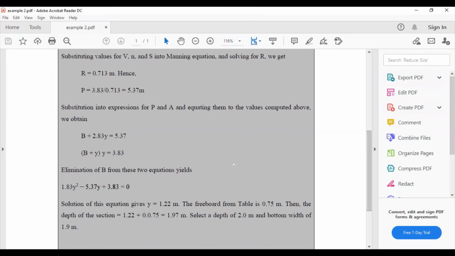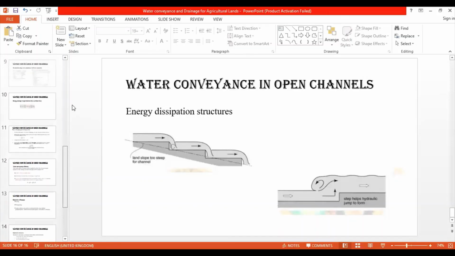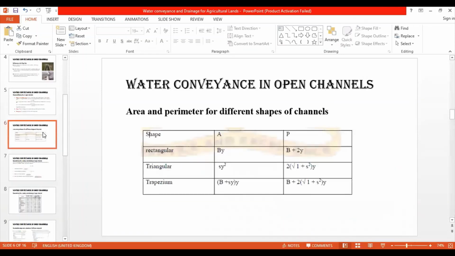So in this case, when we check that table which had the different, let me just stop sharing this one and then I show you what I'm talking about. So if we go to this table, we see that there are different ways. If your channel is rectangular, or if it's triangular or a trapezium, you choose which formula to use.